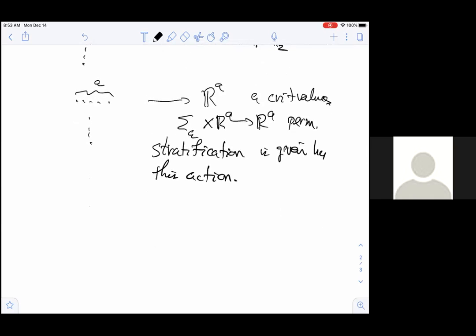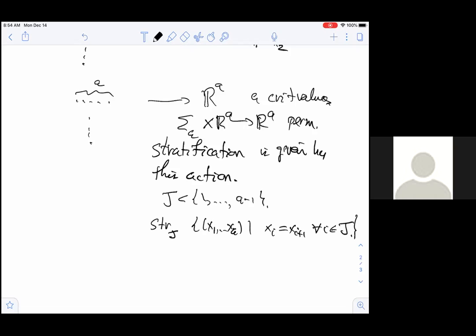So for any subset J in 1 up to A minus 1, the stratum indexed by J will simply be the points in R^A where xi equals xi plus 1 for all i in J.